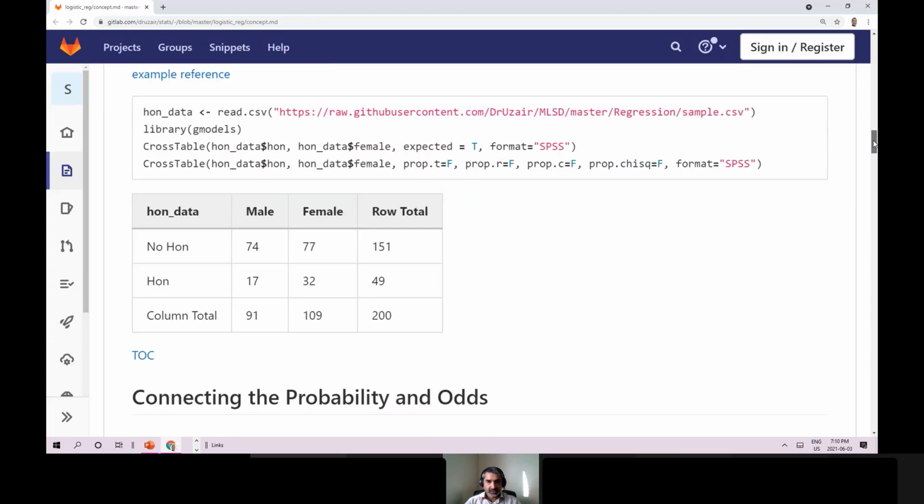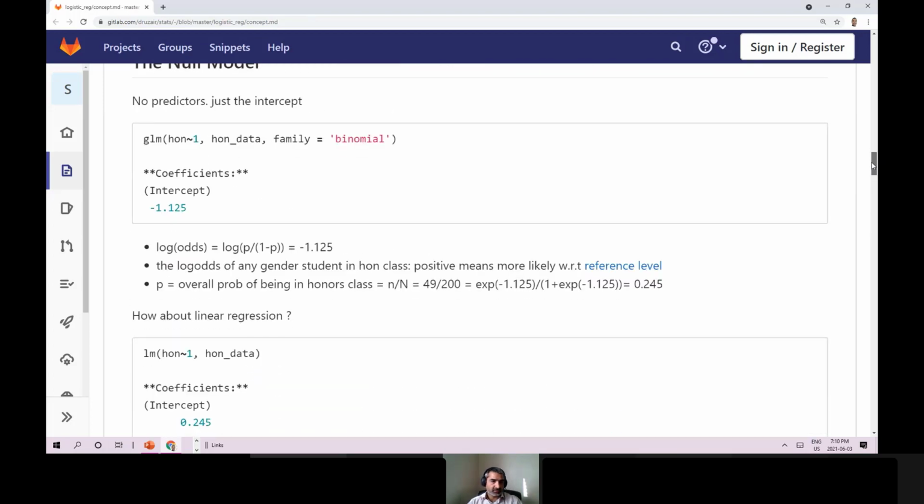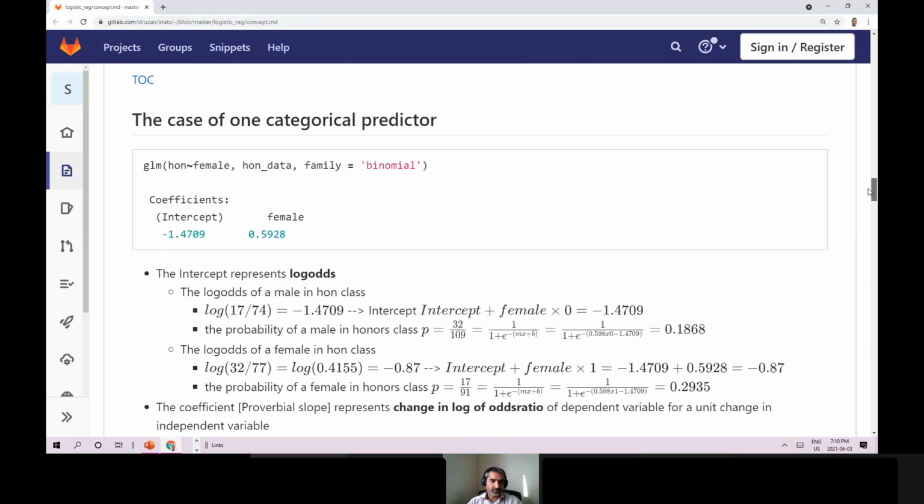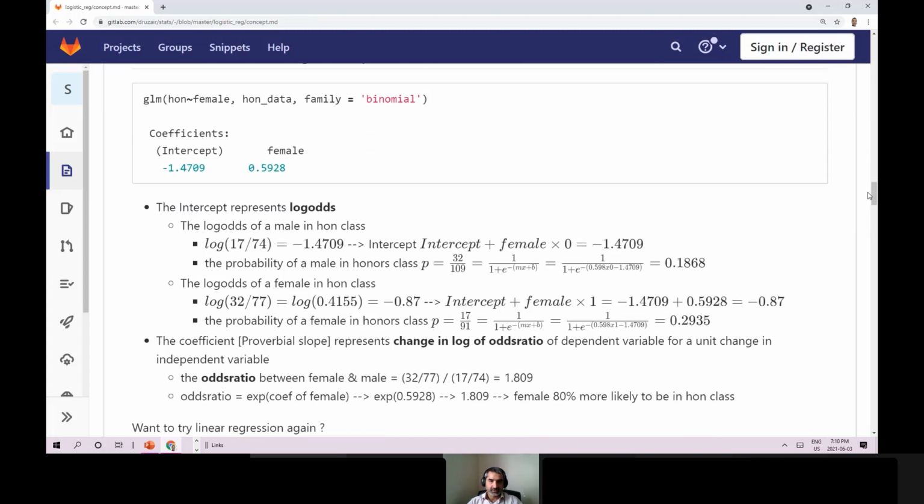And now what I want you to pay attention to is the next power of logistic regression. Let's say we concluded these two W's. So we have just one variable, gender, and gender is a nominal variable.